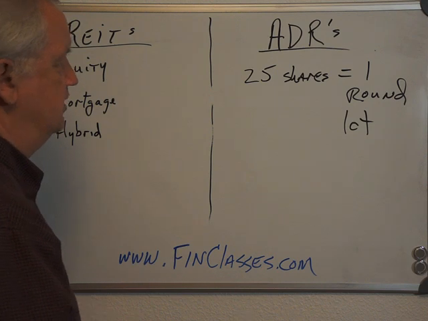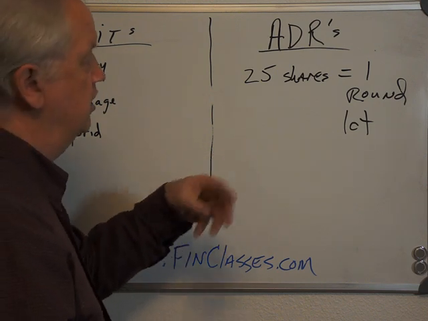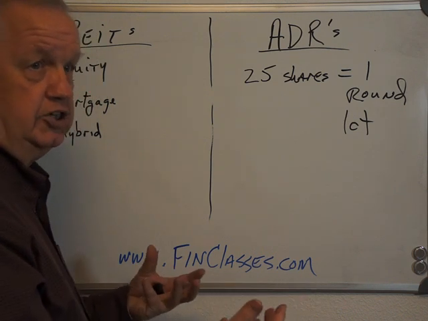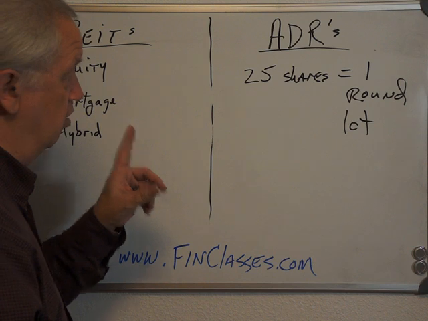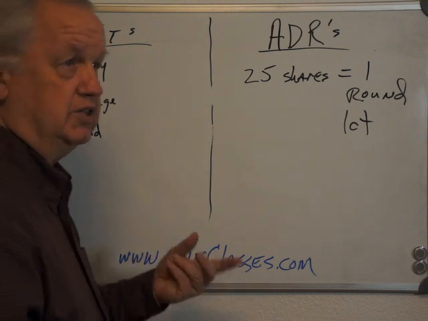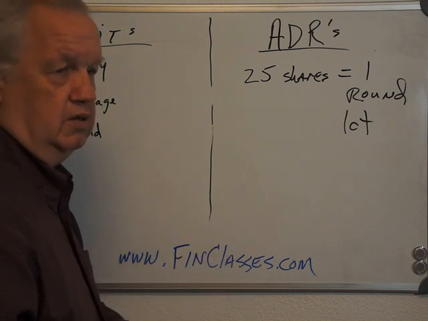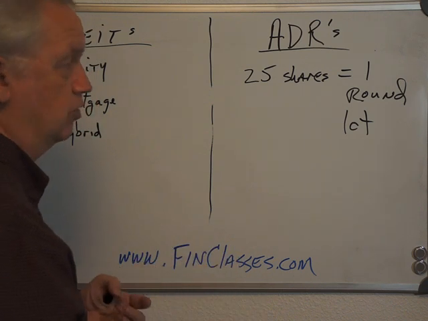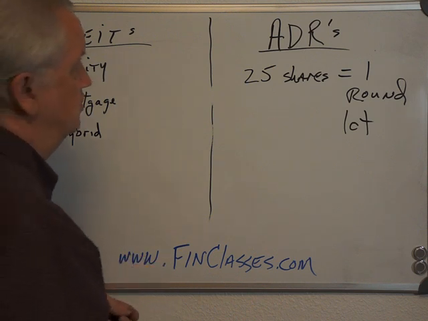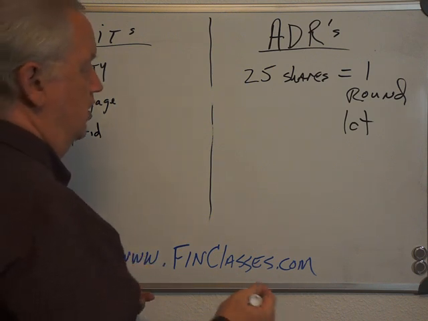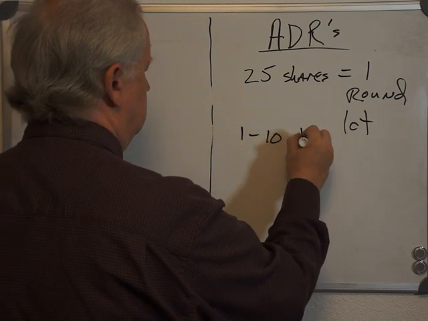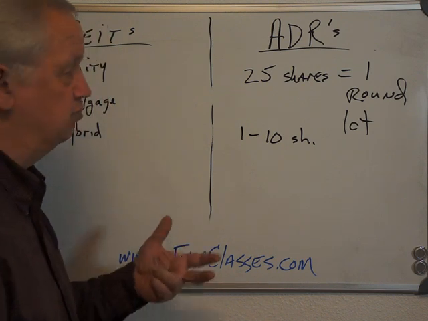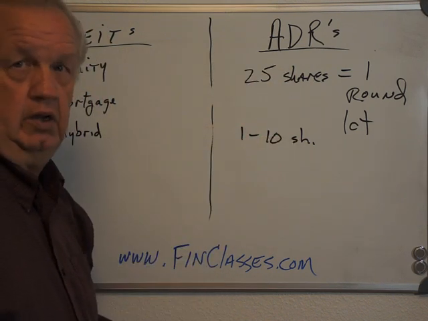So there's a lot that they do. Most definitely the major issue is they make it easier for Americans to trade foreign securities on United States exchanges. But they also help with the cost of the exchange rate between the currencies. And they'll do it at a lower rate too than what you'll get at other areas. Just keep in mind that it could range from 1 to 10 shares, and typically that's going to depend also on the price in the foreign market.